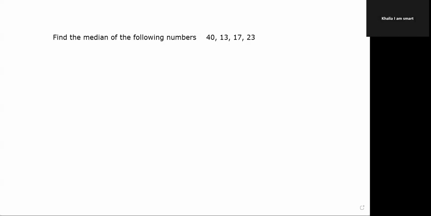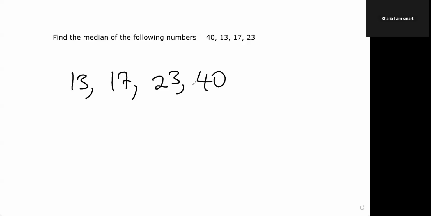Oh, sir, okay, go ahead. This is what I did, sir. I write down 13, 17, 23, and then I write down 40. And then I look at what is common for both of them.